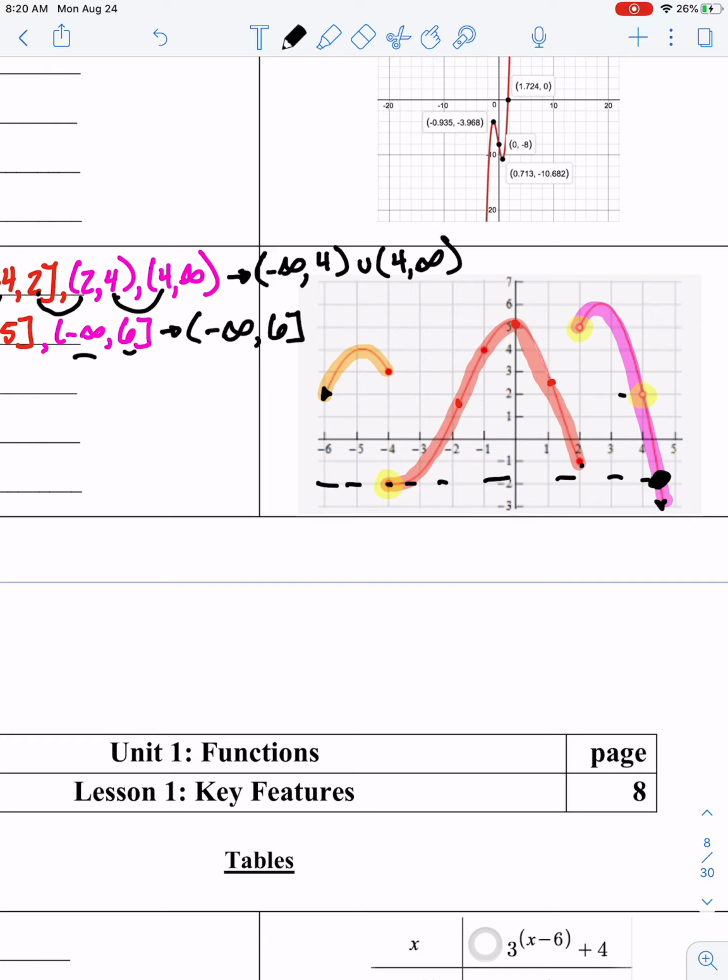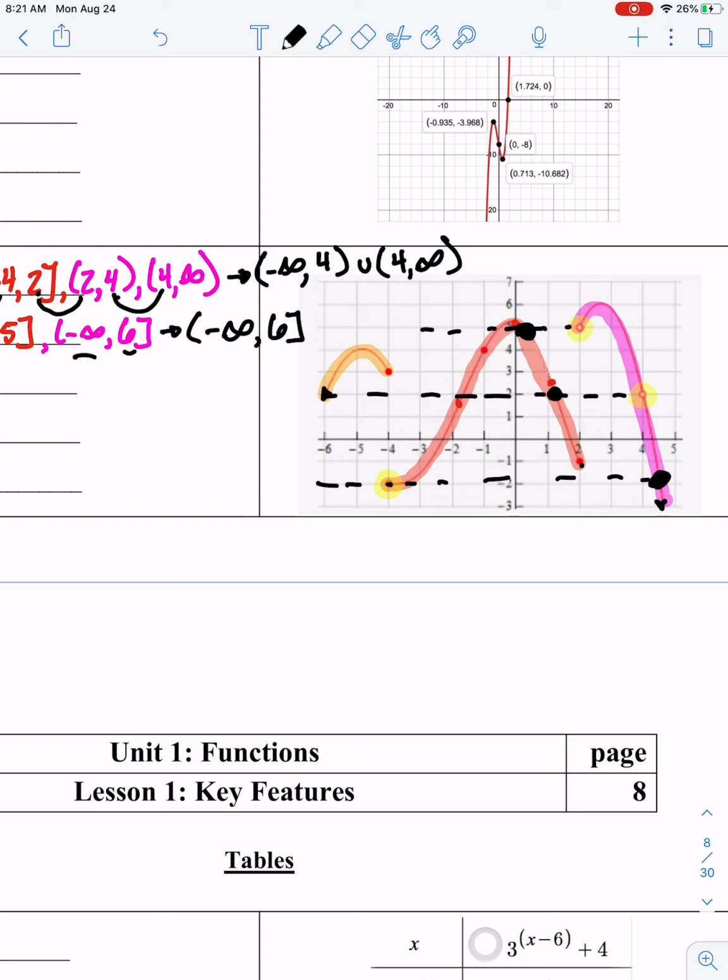So I'm going to draw a horizontal line and see if I ever touch another piece of the function that also has a closed dot at this same y value, which I do. And then same repeat process, which I do right here. So this is going to become closed because of this dot. This one is going to be a part of the range because of that dot.